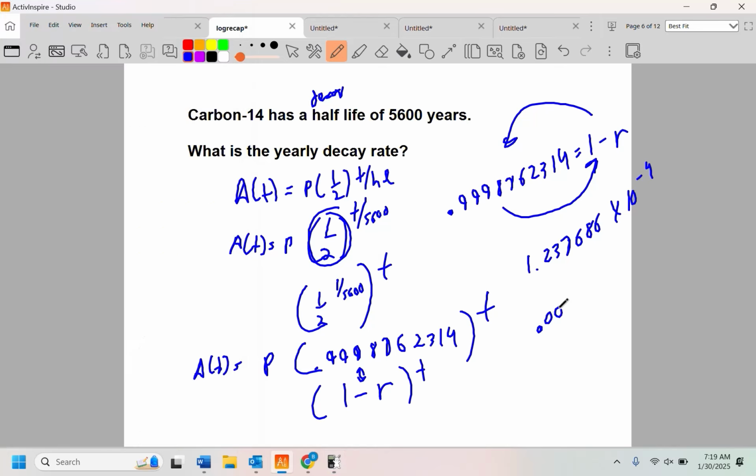I'm going to have 3 zeros leading. And this is what it looks like for significant digits. If I move the decimal as a percentage, I get 0.01237%. If you can do that, you can do any of these decay ones.